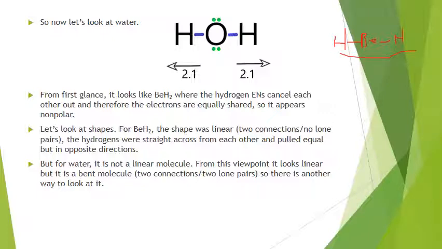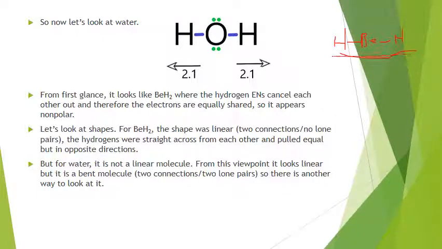We found out that was a nonpolar molecule because each one is tugging against the other. So this oxygen here is basically being pulled in equal and opposite directions, and the electrons are staying put. It looks like the hydrogens are canceling each other out.